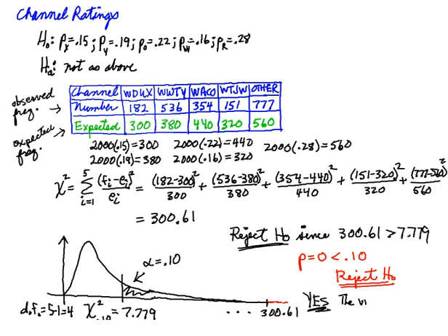The viewing shares have changed. In other words, I've rejected the null hypothesis. So I'm basically saying that they have changed. They're not as stated in the null hypothesis.